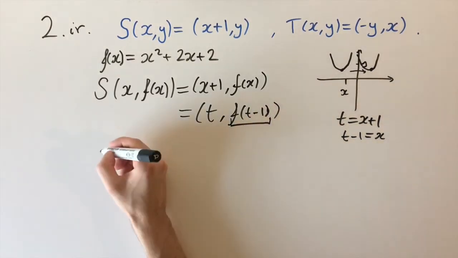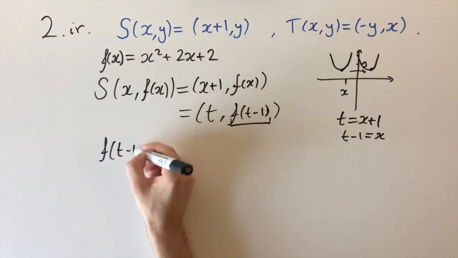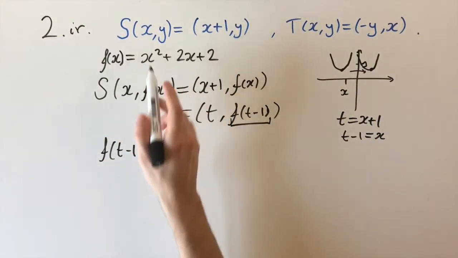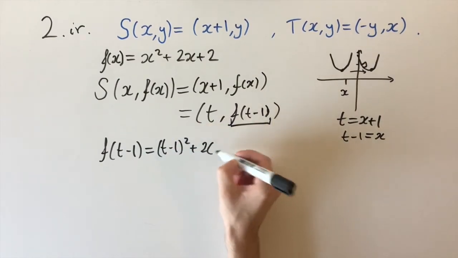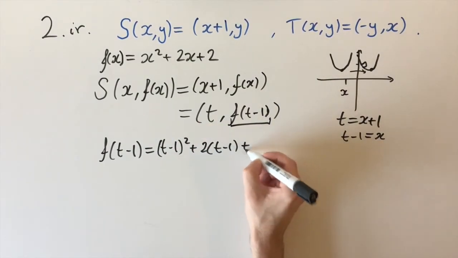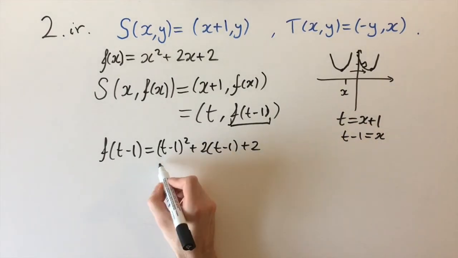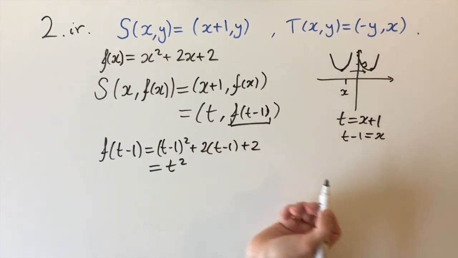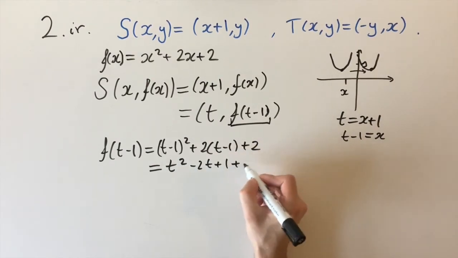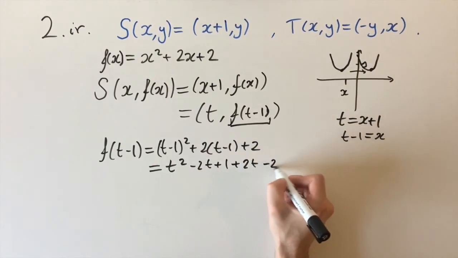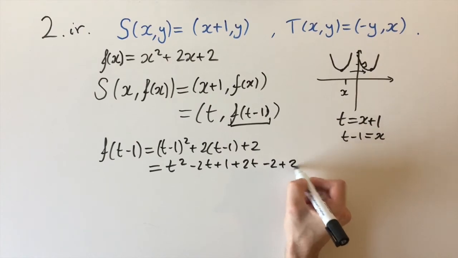So if we work out what f of t minus 1 is, by substituting into this equation, we have (t minus 1) squared plus 2(t minus 1) plus 2. Then we can expand this out and simplify. We have t squared minus 2t plus 1 plus 2t, we get some cancellations, minus 2 plus 2.